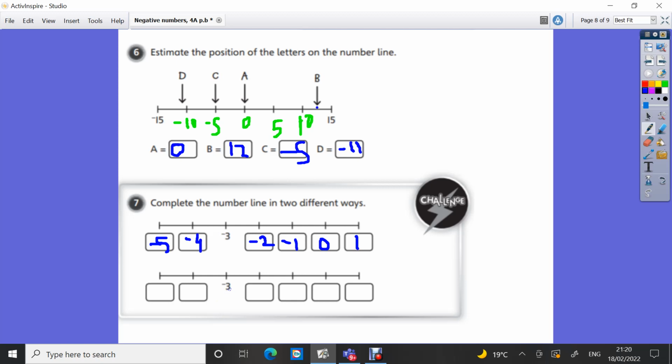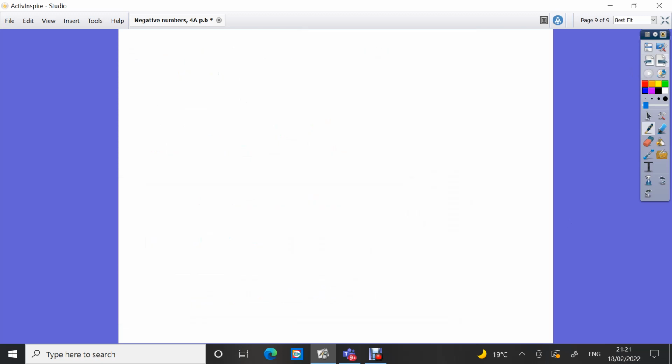I can say -3 and then -1 and then 1 and then 3 and then 5. I skip counting by 2's. -3, -5, -7, like that. Okay. So we just have to complete in two different ways. That's it.